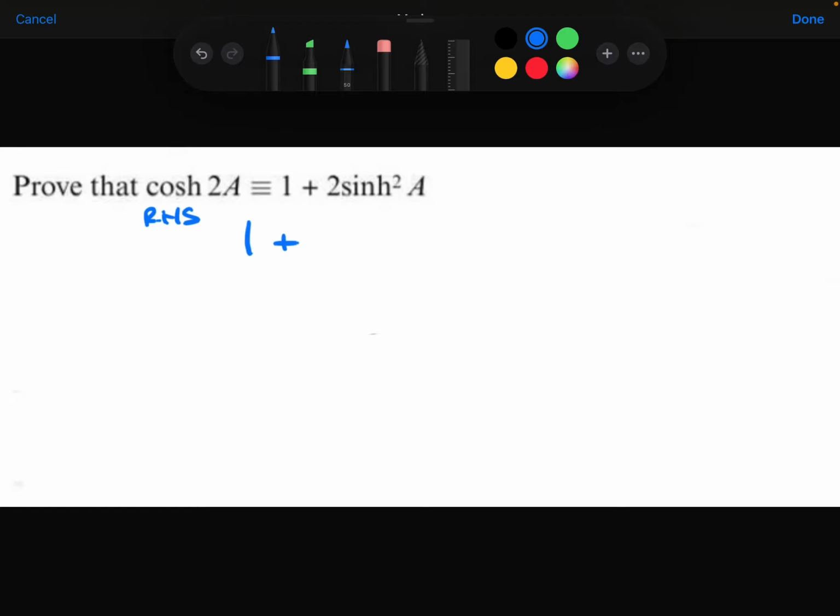I've got 1 plus 2 lots of sinh, so that's going to be e to the A minus e to the minus A all over 2 squared. My sinh A squared.